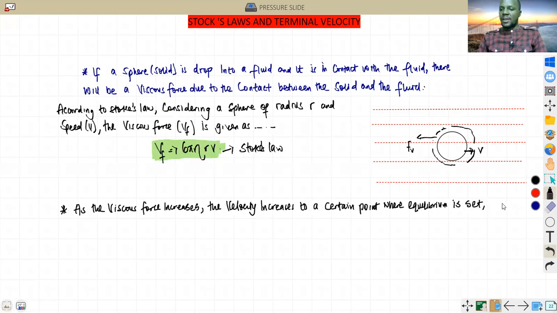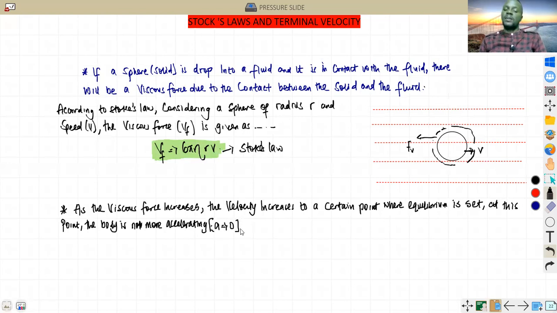At this point, the body, that is the solid body, is no more accelerating. So this point at which the body is no more accelerating, we say the acceleration of the body is 0.